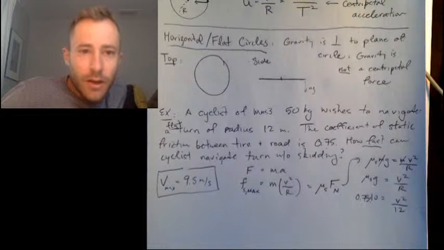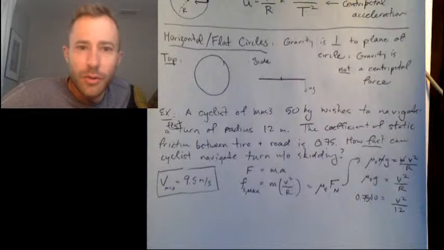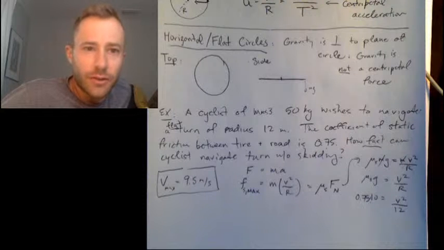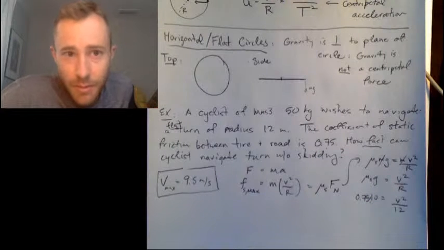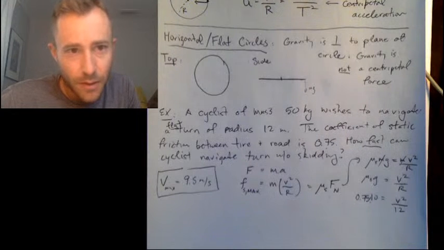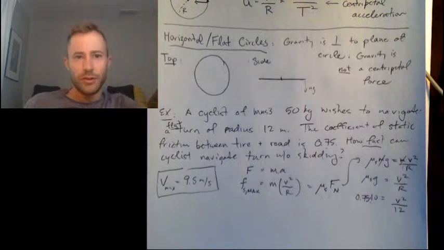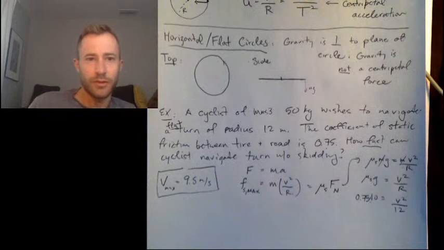Now, when you're deciding the speed limit, you want to think about what the coefficient of friction is, because the coefficient of friction affects how quickly you can stop, and it affects how sharp the turns can be.